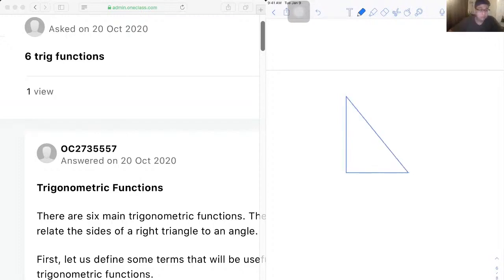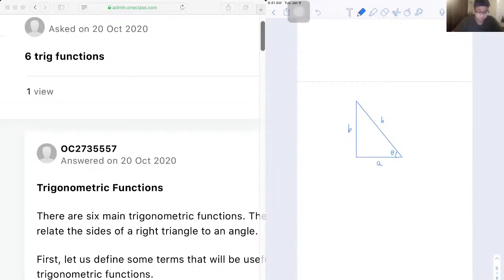Okay, so let's call the sides A, B, and H. And let's say we got this angle at theta degree.